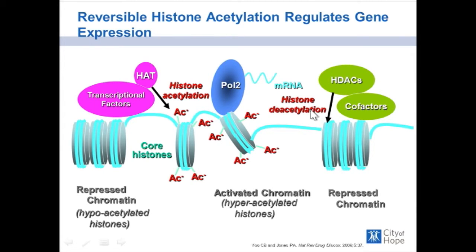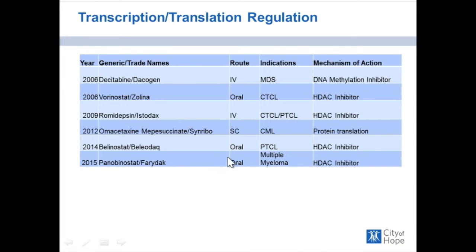And then if you get deacetylation, it again represses chromatin. So the drugs in the clinic are blocking this process and leaving it in the activated state. And for reasons we don't quite understand, they're very effective in particular against T-cell lymphomas. So the drug vorinostat or romidepsin, or more recently belinostat, all very effective and approved in T-cell lymphomas.